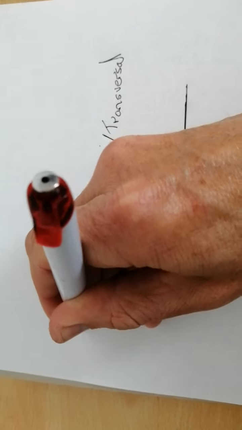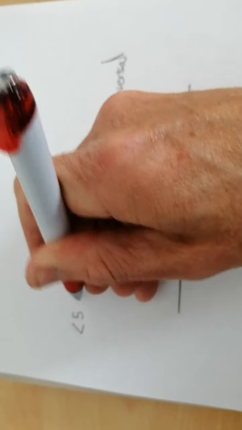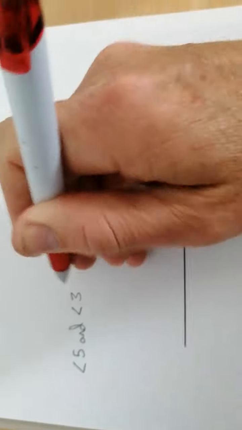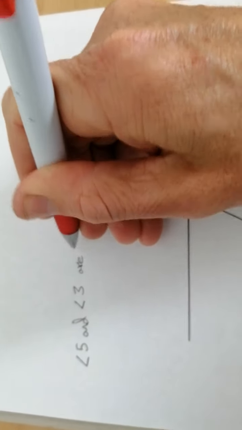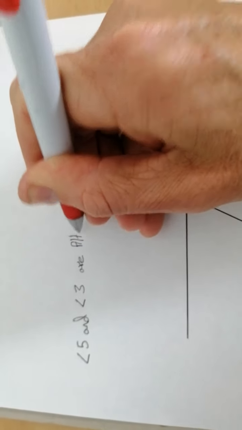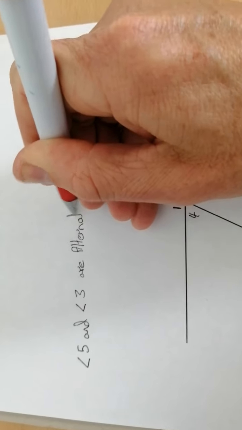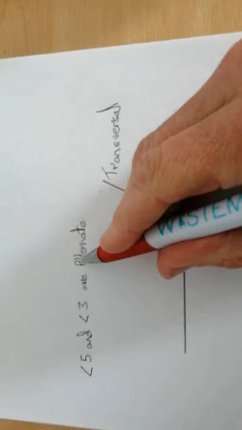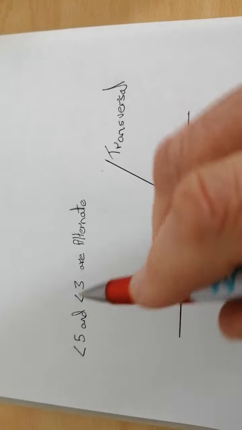Angle 5 and angle 3 here are alternate angles. I'm just going to write that up here. So angle 5 and angle 3 are alternate. So alternate angles occur in pairs.